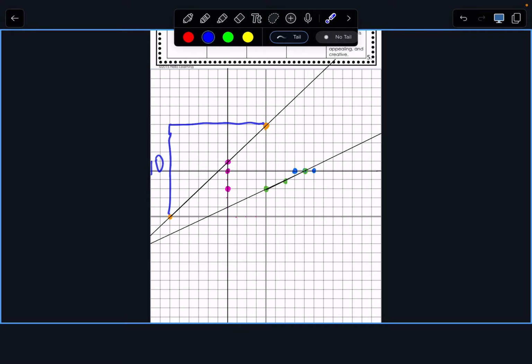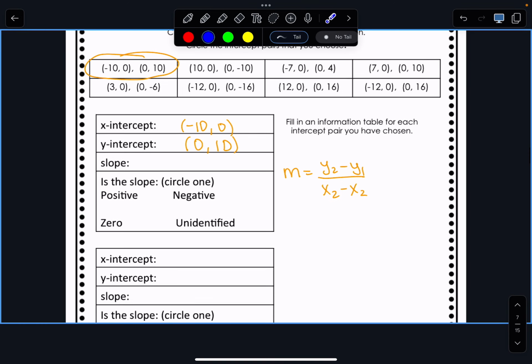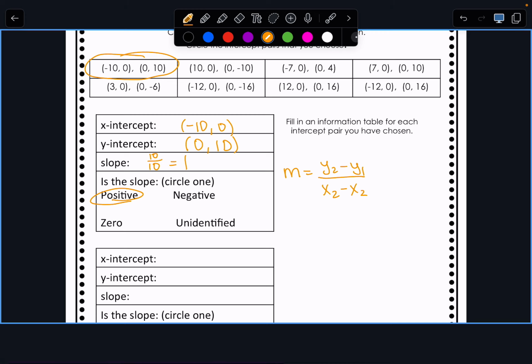What's the run? 10. Okay. So we can come over here and say, all right, we have positive slope. Our rise over run was 10 over 10, but what do I want you to write it as? 1. Okay. And then you got to do that 2 more times on that page.